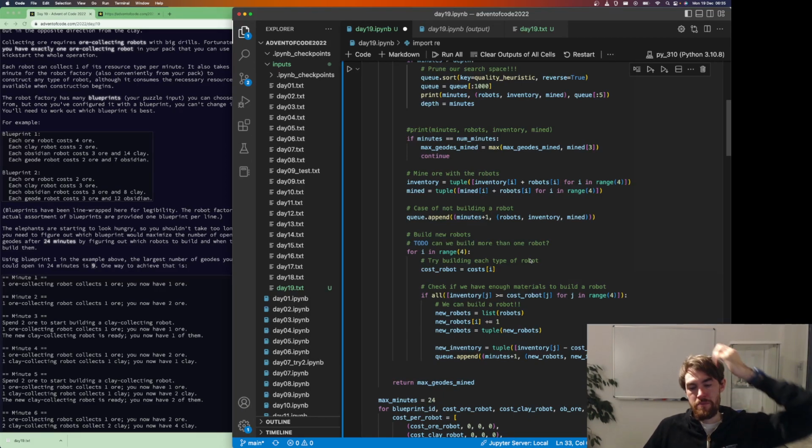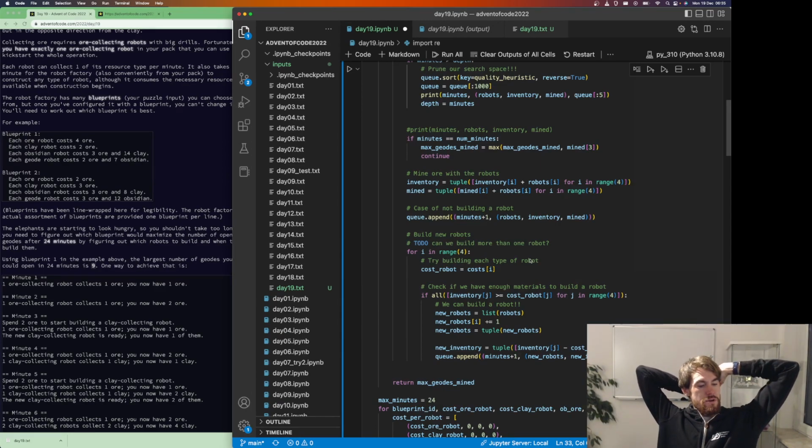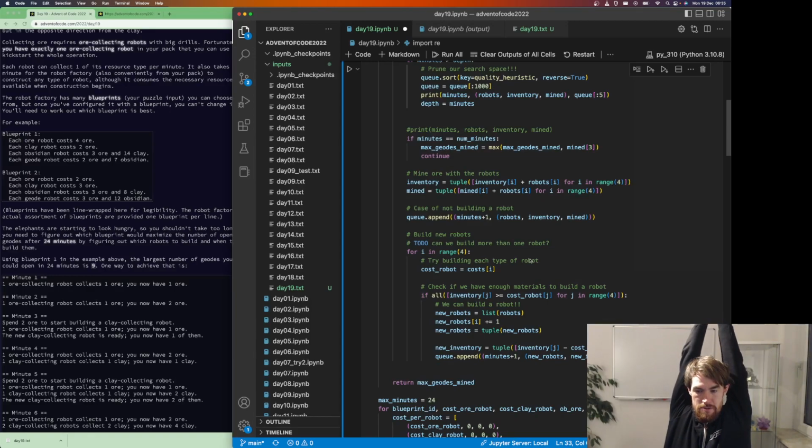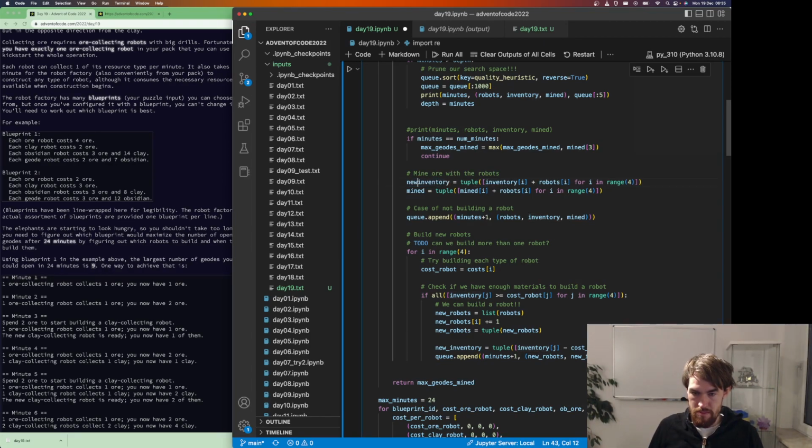Oh, okay. So apparently if we check, you now have 2 ore. Oh, you start building them at the start. Let's add the new inventory and the new mind. And then we have to check if the inventory is more than the cost of the robots.